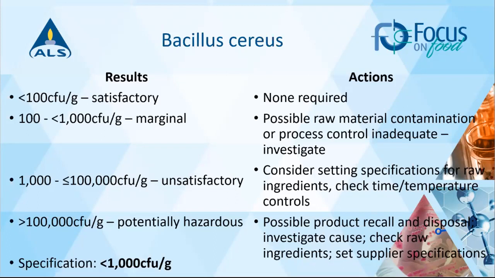So counts in excess of 100,000 CFUs per gram are deemed potentially hazardous in the Food Standards Code, and this could lead to a possible product recall or disposal. It certainly needs a detailed investigation, and you'd need to check your raw ingredients and potentially set tighter supplier specifications.